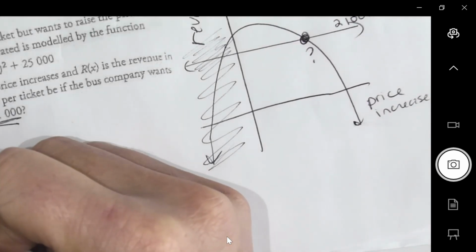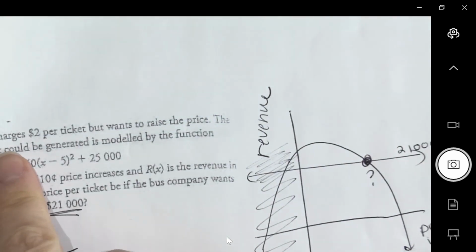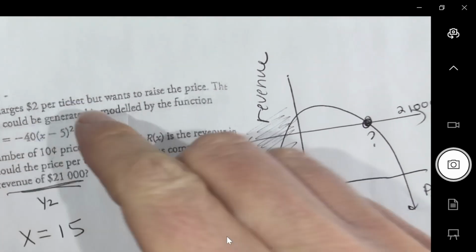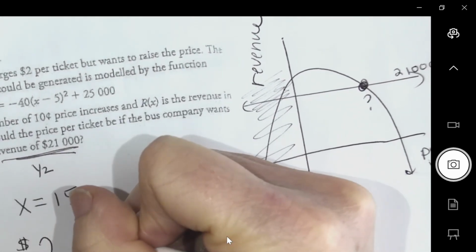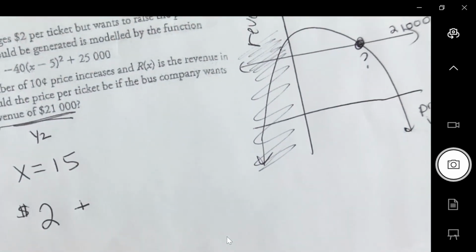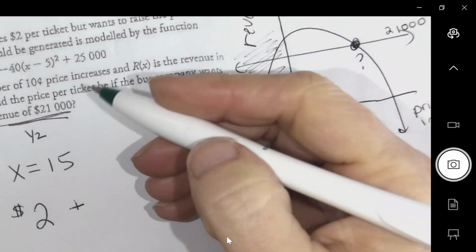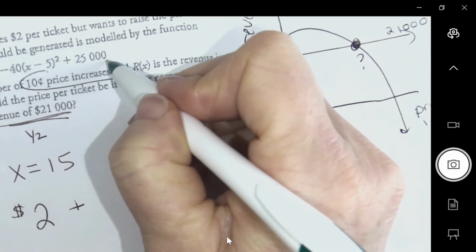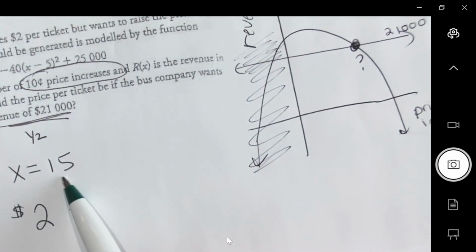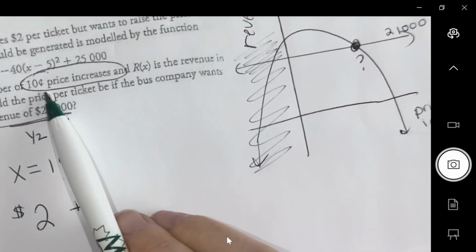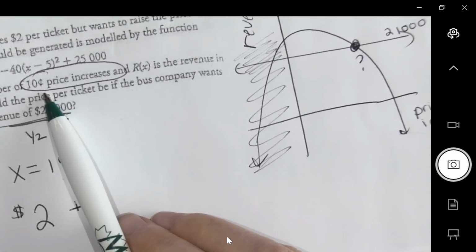So we started with a $2 ticket. Then we increased 15 times, and each increase was a 10 cents increase.